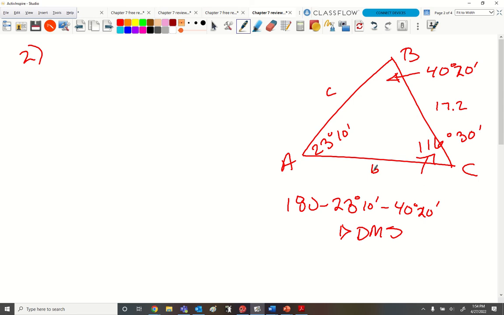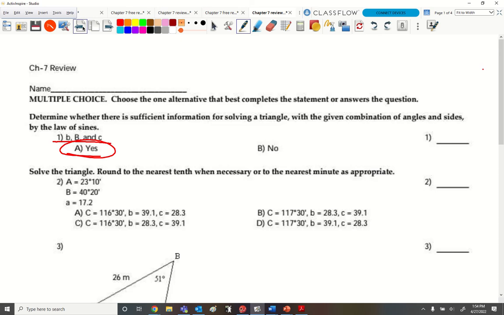So if we're looking at our multiple choices, c has to be bigger, right? So my answer has to be letter C. There we go.